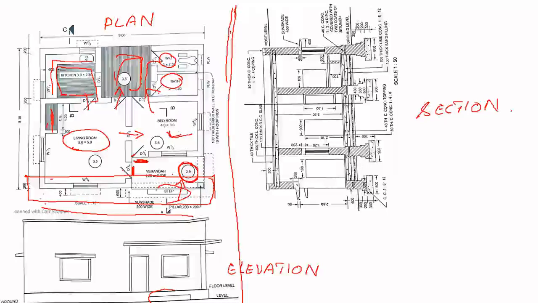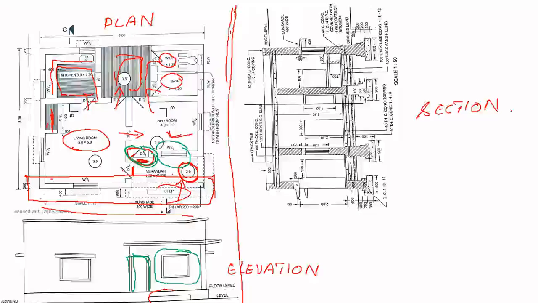So, what you can see from the front is, you can see this door. This door can be seen. Okay. So, this door is shown here in the elevation. Similarly, see, this is the open space. So, you can see this window. So, this window is drawn here.